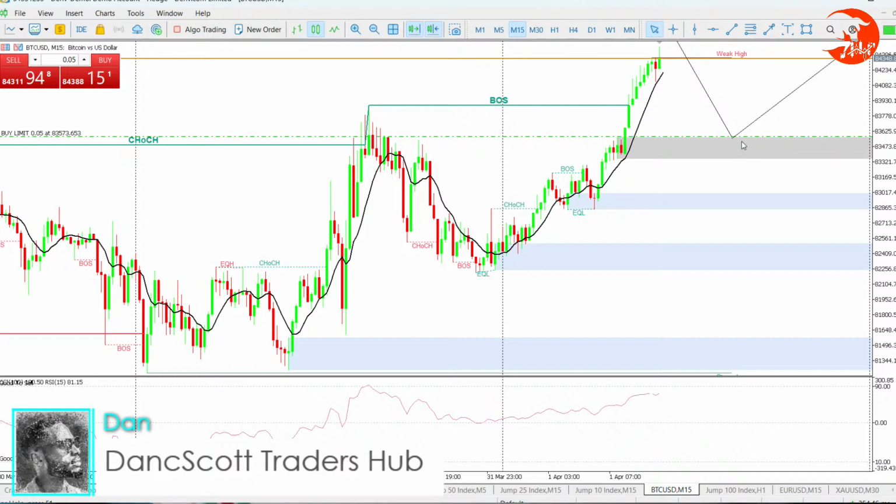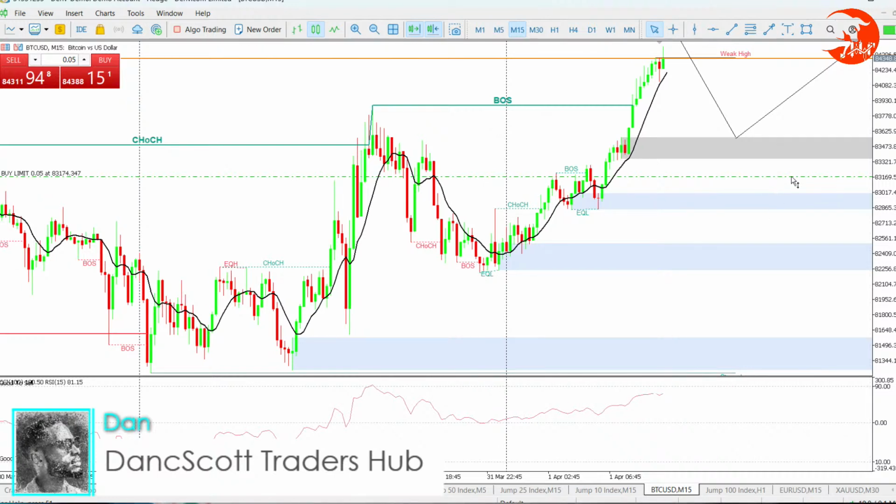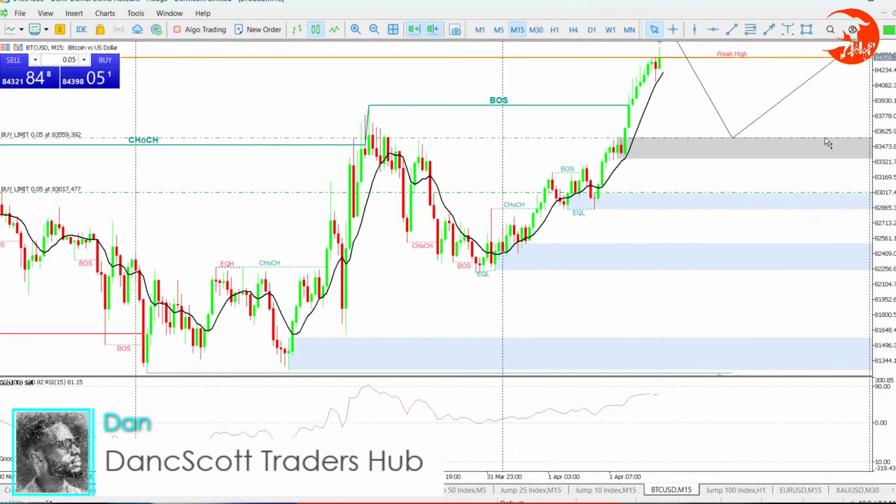If it comes back here and it is still having a lot of momentum, then I can actually move it all the way down below to probably that fair value gap or this other order block right down below. So I can have two of those, one here and one down below there.